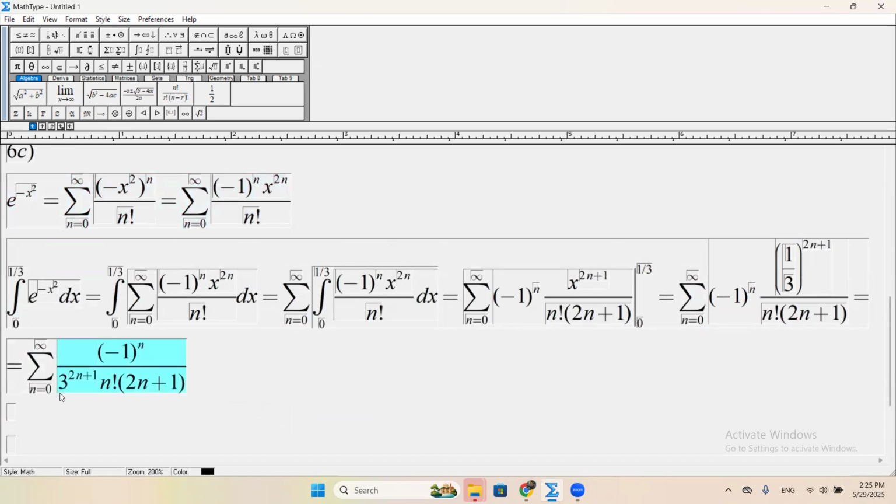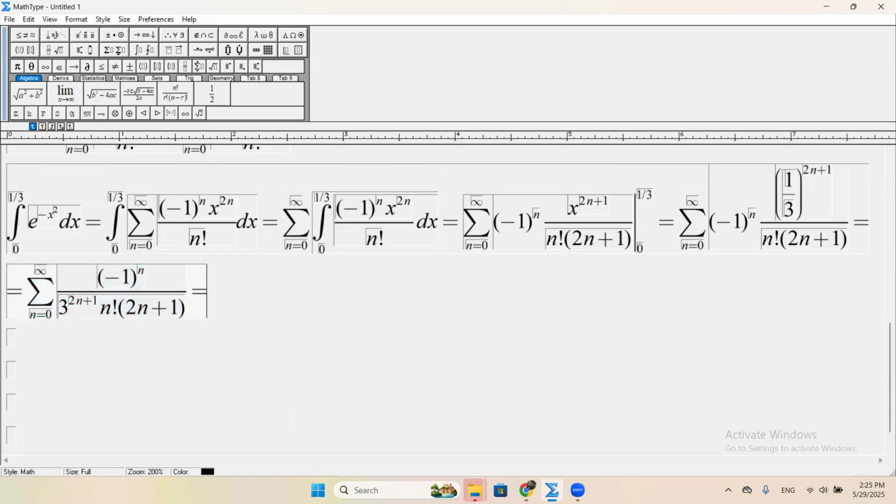And now I will substitute values starting from 0. So substituting 0, 1 over 3, minus 1 over 3 cubed by 1 factorial by 3.